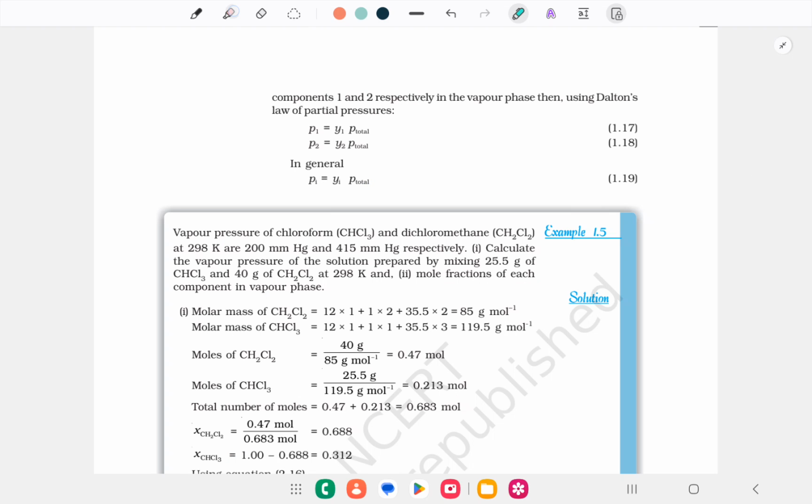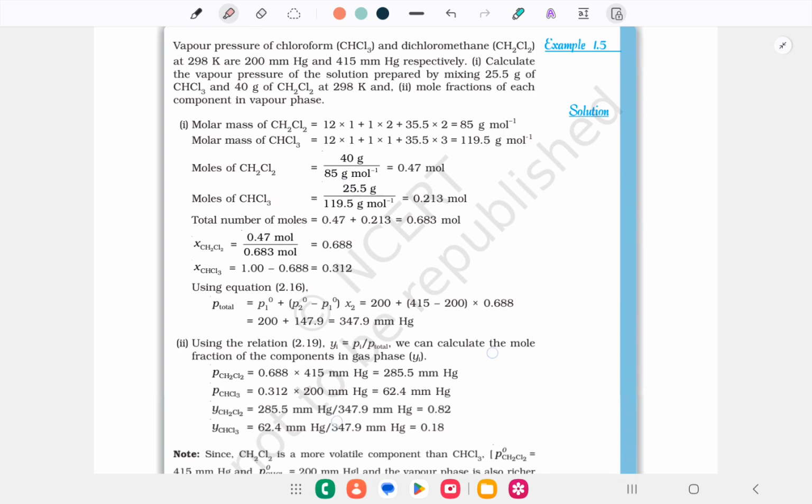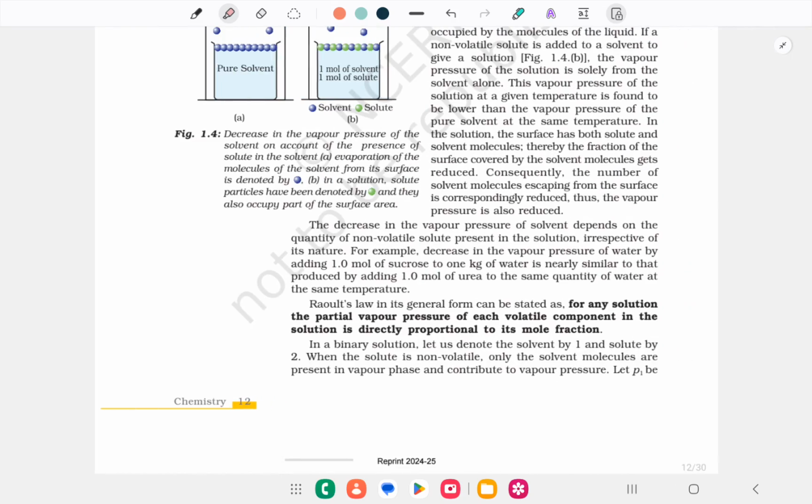So it is very important to note these equations, because instead of the mole fraction we are using y in the vapor phase according to Dalton's law of partial pressures. And we are also provided with some in-text questions and example questions. Solve them.